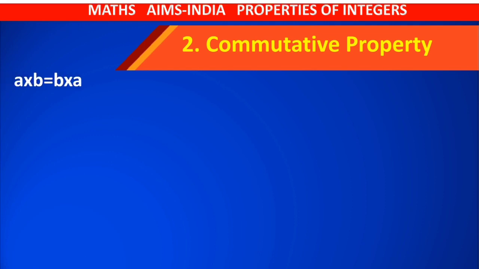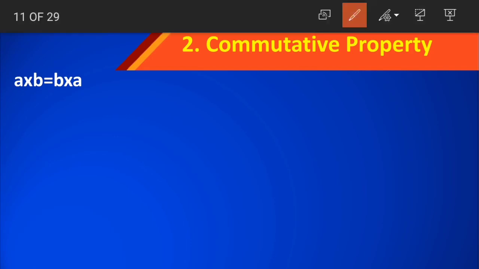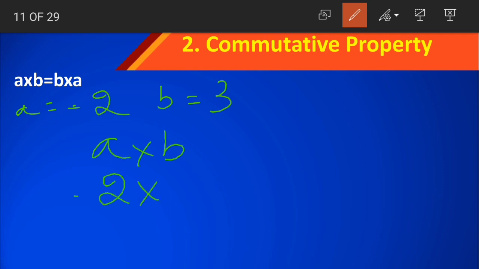The next operation is multiplication. Again the same numbers: a is equal to minus 2, b is equal to 3. When we say a into b, we mean minus 2 into 3. Coming to the signs, one is negative and the other is positive, so the result will be negative. 2 3s are 6, so the answer we got for a into b is minus 6.